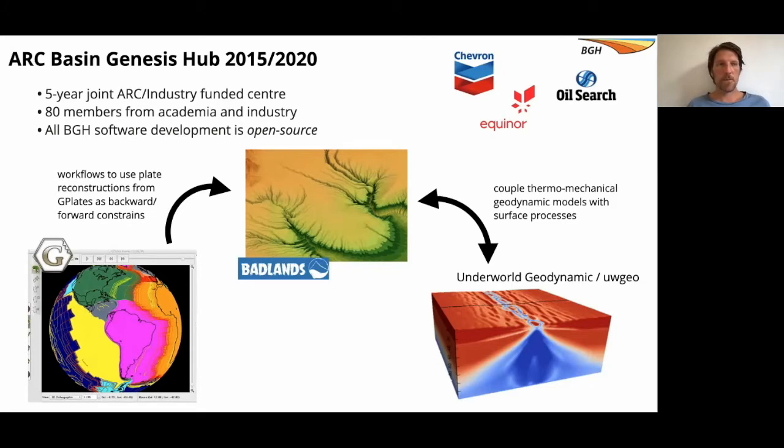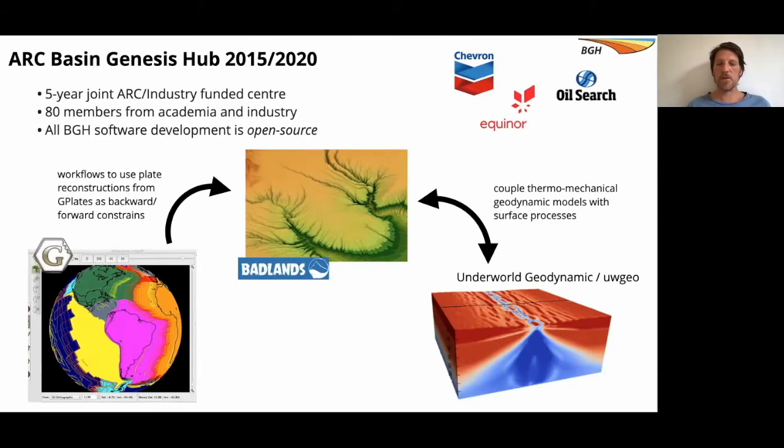So one of the main strengths of Badlands is in its ability to use information from other software, such as BGH ones, like Gplates and Underworld, and use them as input for running complex simulations.